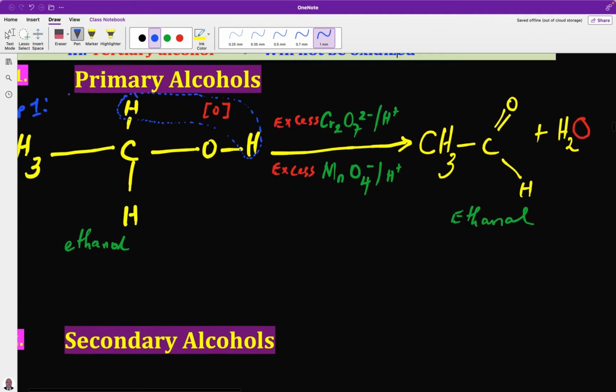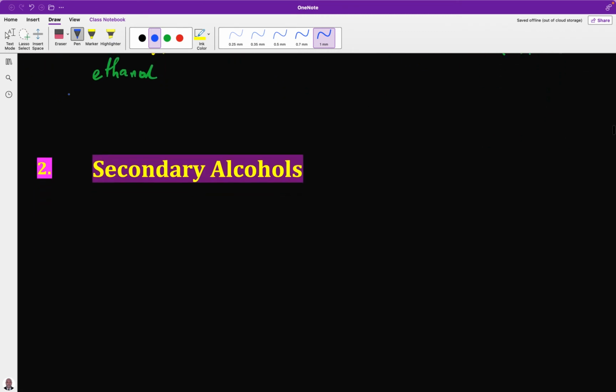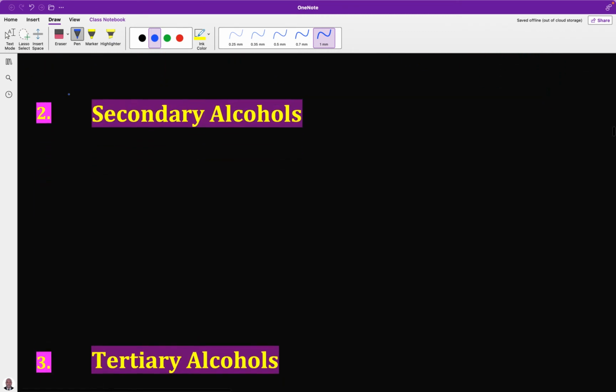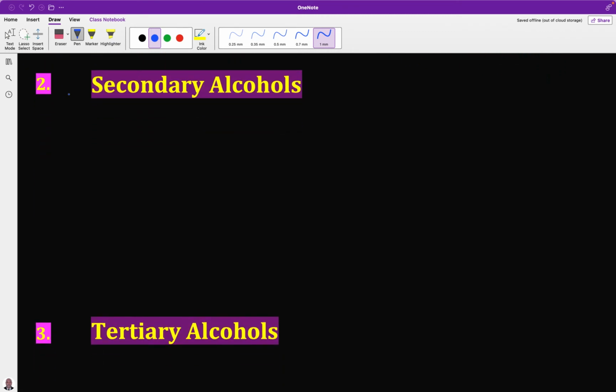Now, oxidation of secondary alcohols. For secondary alcohol, we will use the same reagent.